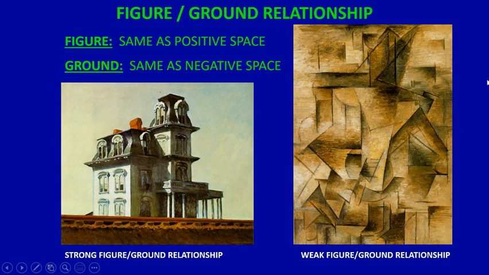Now, what the Cubists did to make it difficult to tell what was the figure and what was the negative space, or the figure ground relationship, is that they made everything the same color. And then they didn't close the shapes. So you see that there's lines here, but there's no closing of the lines. Like this shape up here in the upper right hand corner, it almost looks like a rectangle that's missing two of its sides.